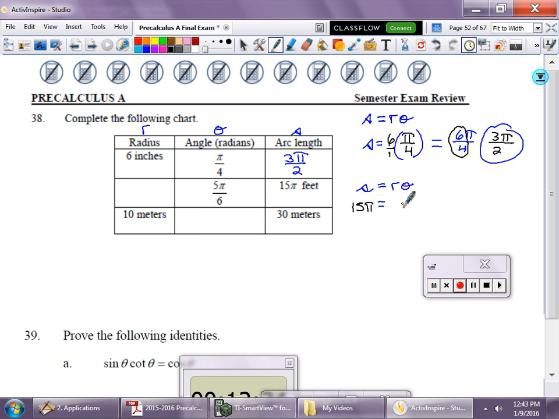The r is missing. So I'm kind of using the commutative property. R times theta is the same as theta times r, because I like the coefficient to be in a different color. And your theta value is 5 pi over 6.